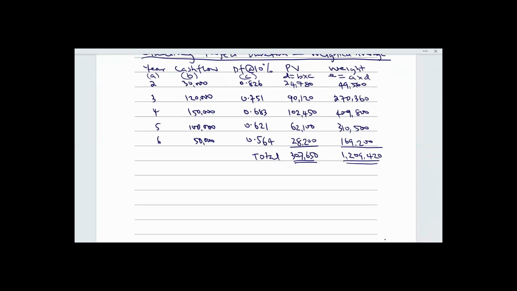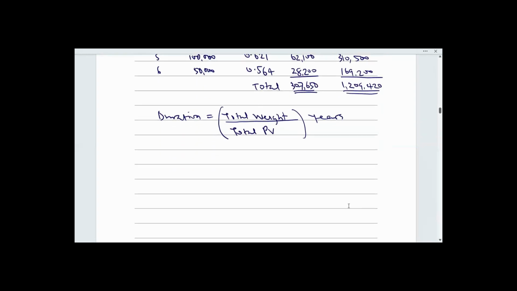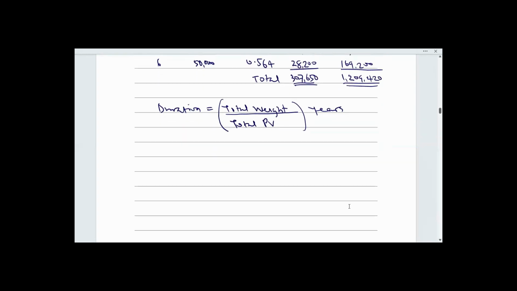Therefore, to now get the duration, it is calculated as total weights divided by total PV. All of this must be expressed in years because we said that duration is a weighted average time taken to recoup the amount invested in a project.